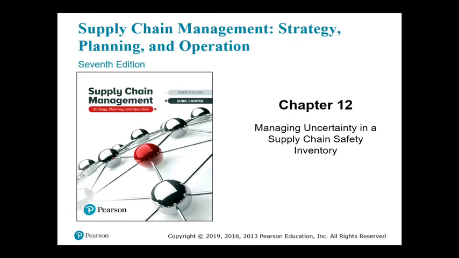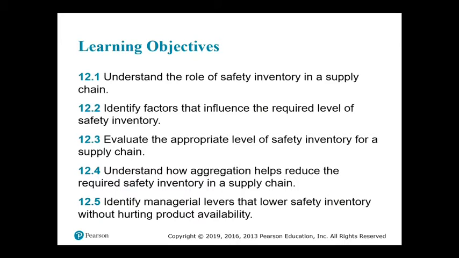So in the next chapter, we're going to look at another type of inventory, which is safety inventory. So we're going to see why we use safety inventory in supply chains, and determine what are the factors that determine our decision of how much safety inventory to carry.